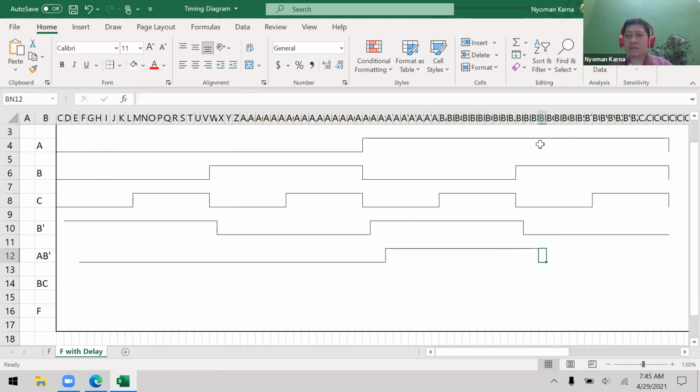And then this is 1 times 0. So the output will become 0. Okay, that will be A B naught with the 2 millisecond delay. Also 1, 2.